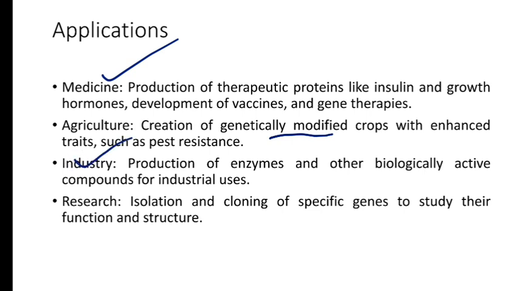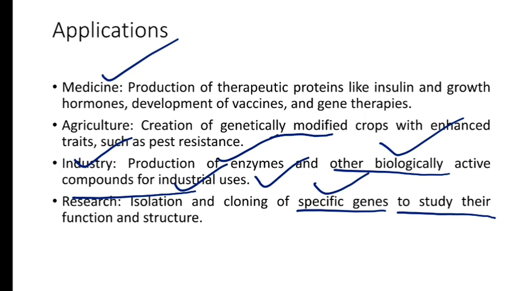Next is industry, to produce enzymes and other biologically active compounds for industrial use. Next is in the field of research, for isolation and cloning of specific genes to study their function and structure. So these are the applications of recombinant DNA technology.